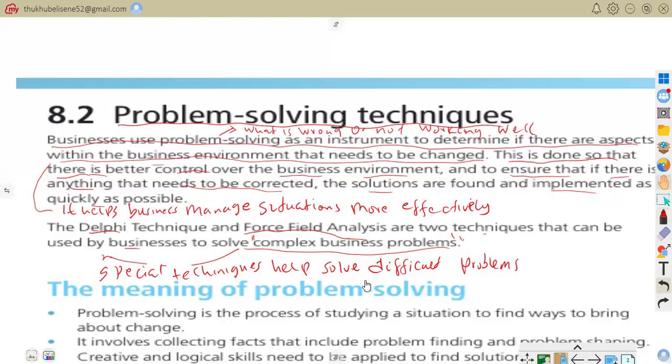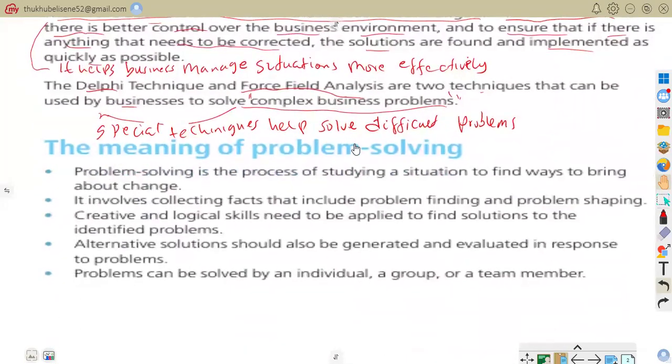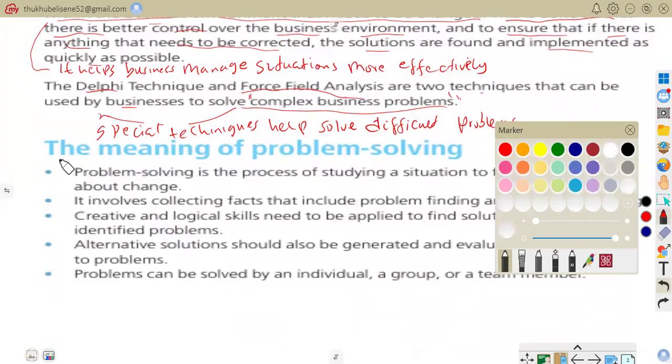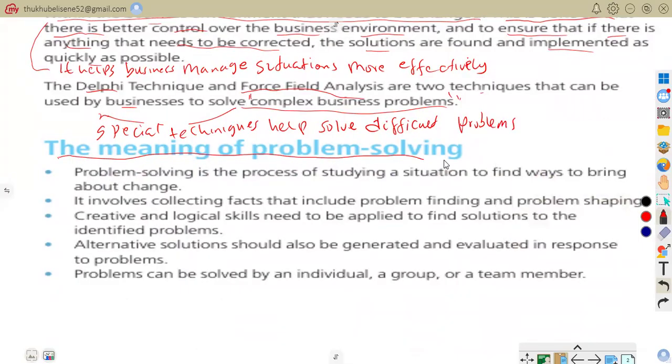Let us move on to the meaning of problem solving. As it says, problem solving is the process of studying a situation to find ways to bring about change. So problem solving is about studying a situation to bring change.